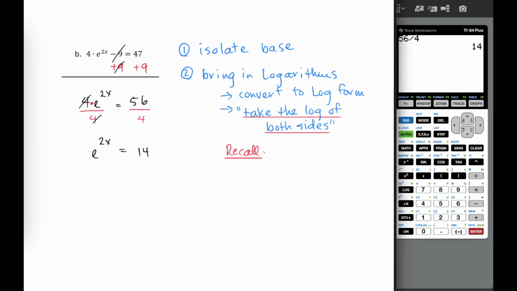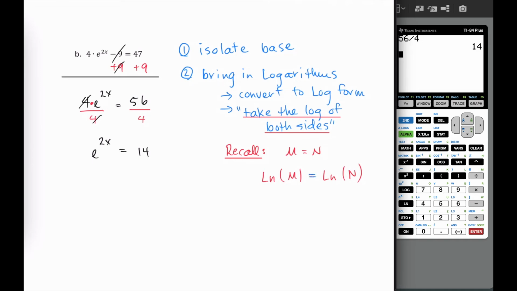First of all, let's recall that if two things are equal to each other, then I could put both of those things into the argument of the same logarithm, and in this case we're going to use the natural logarithm because we have base e, and when those two things are in the argument of the same logarithm, those are also equal to each other.